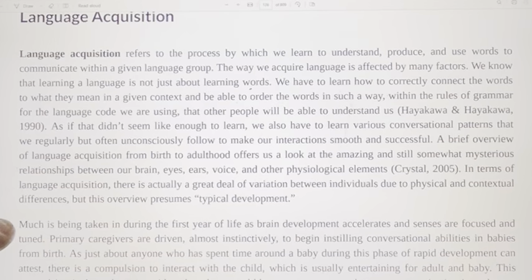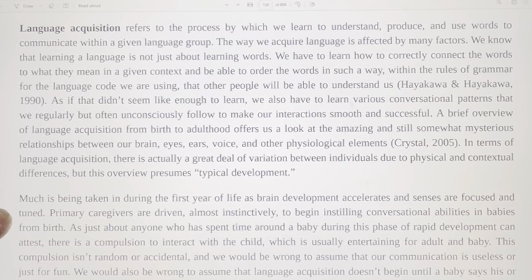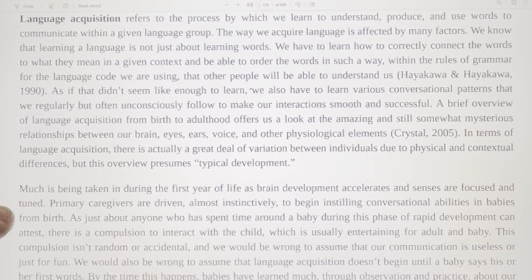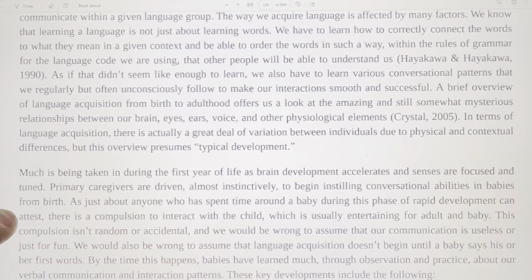Language acquisition. Language acquisition refers to the process by which we learn to understand, produce, and use words to communicate within a given language group. The way we acquire language is affected by many factors. We know that learning a language is not just about learning words.